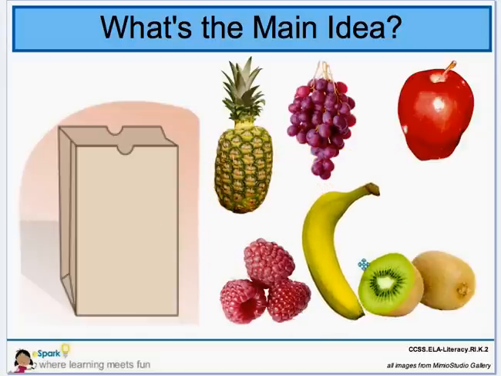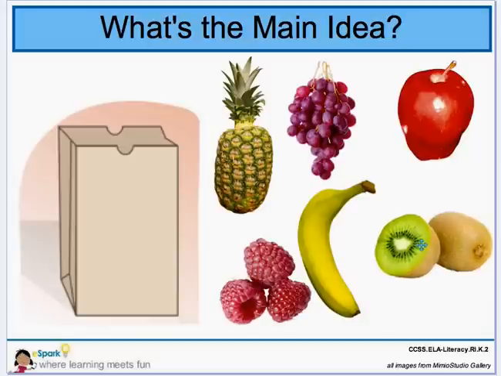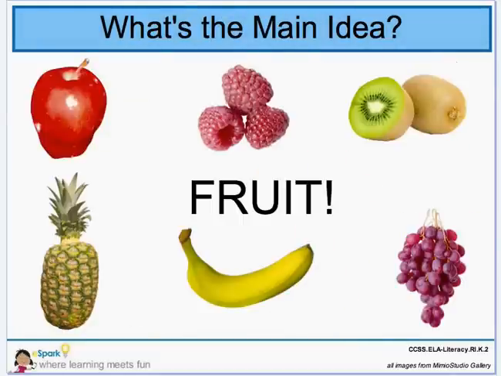I have a banana. We'll put that right here. So if you had to look at these pictures and say what they were mostly about, what would you guess? Fruit. All of these pictures are pictures of pieces of fruit. So the main idea is fruit.